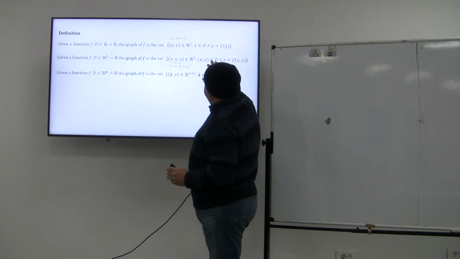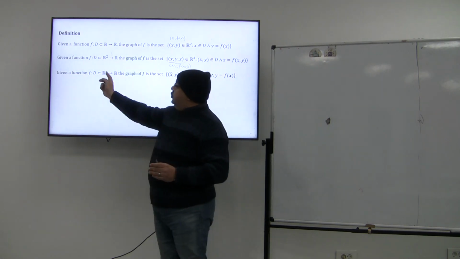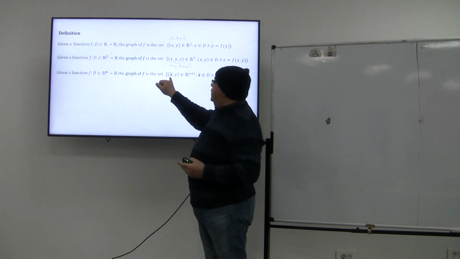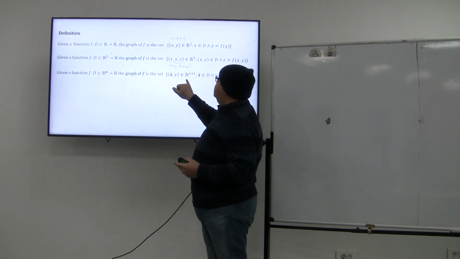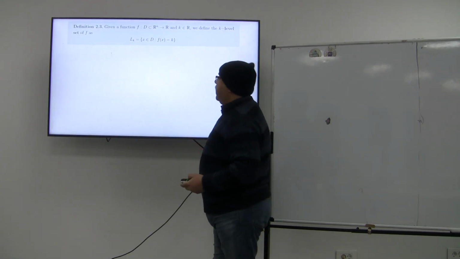This is (x, y) belongs to D, and this is f(x, y), which represents the function in z. If I generalize this into n dimensions, I have x in n dimensions plus y, which is R^(n+1), as represented here, as you can see.